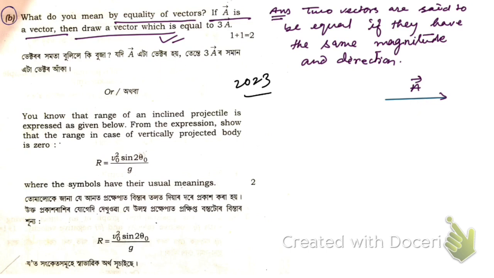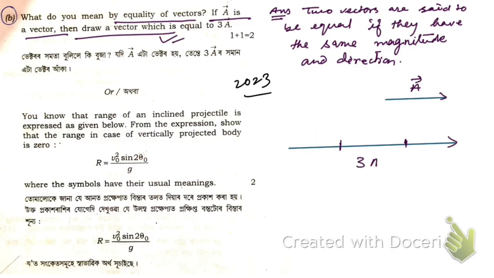So if you have drawn this one 2 centimeter, you have to make a 6 centimeter line like this, directed in the same direction as vector a.